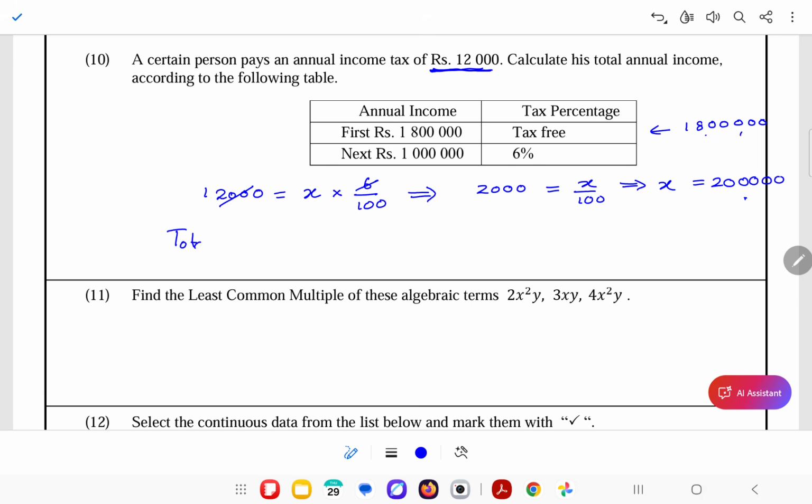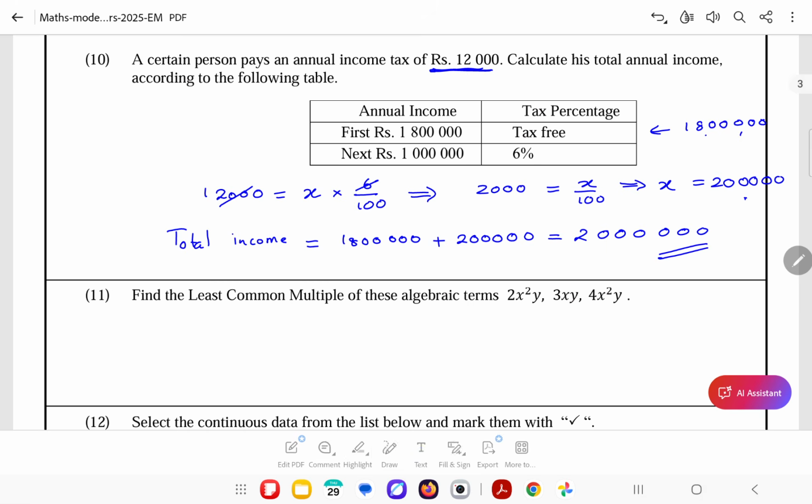So total income, 1.8 million plus the 200,000. 200,000 is the taxable income. 1.8 is the tax-free income. So total together he gets 2 million or 20 lakhs, right?